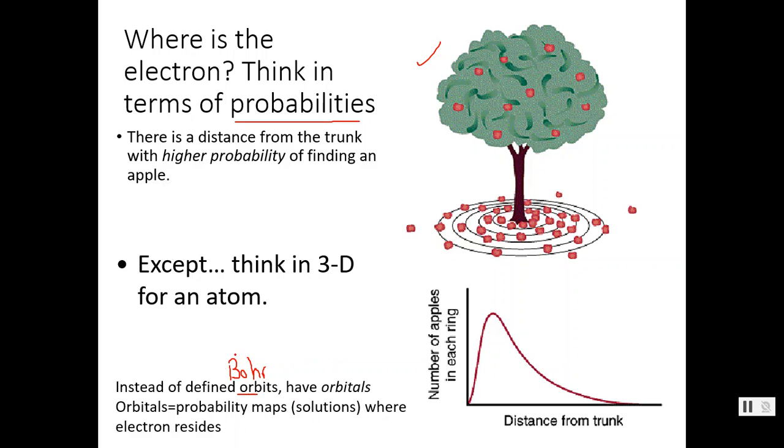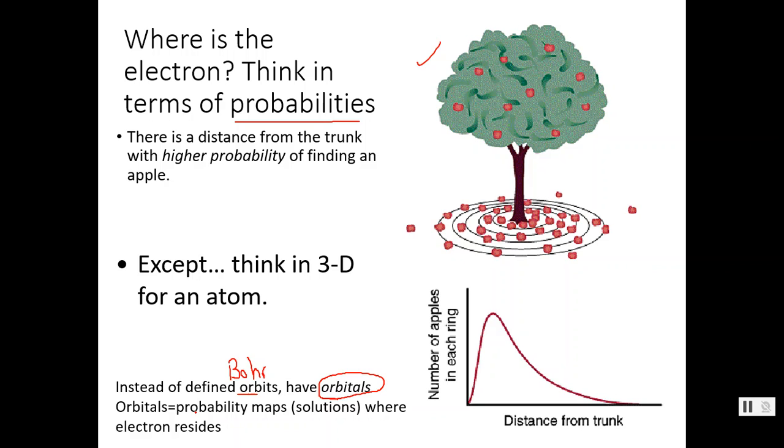And so we need to move from this concept of orbits to this concept of orbitals. I know they sound similar, they sound the same, but they're a bit different. Orbitals are specific regions of space, or if you like math, you can think about them in terms of solutions or probability maps as to where an electron resides in an atom.